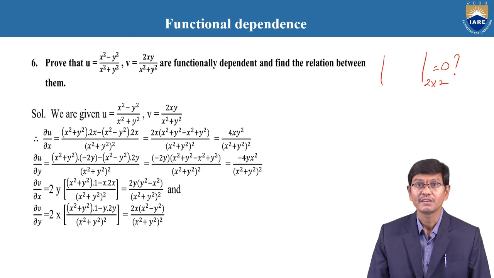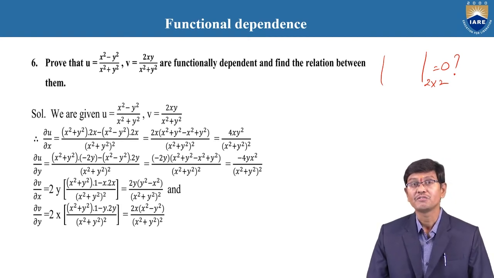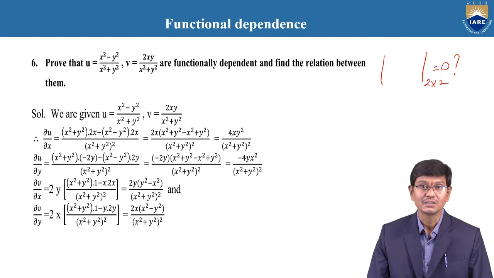By using that, once again ∂v/∂x, with respect to x, treating y as a constant, the value is 2y into (y² − x²) by (x² + y²) whole square. And similarly, finally ∂v/∂y, also by using the u by v formula, we obtain clearly 2x into (x² − y²) by (x² + y²) whole square.